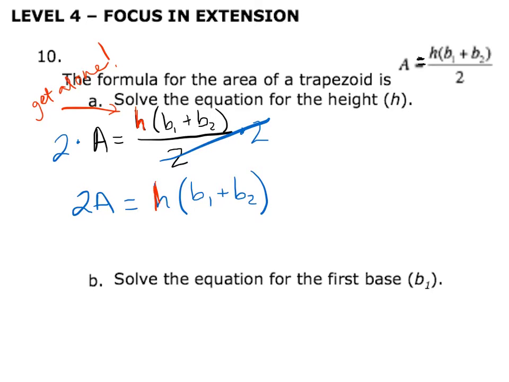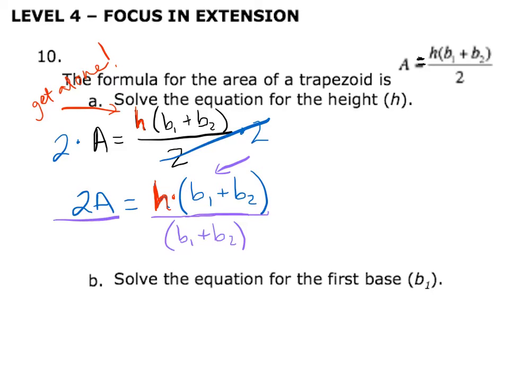I'm going to keep that guy red. So now we have h multiplied by this quantity right here. Now, you could distribute the h in, but that's going to create unnecessary work. So what you're going to want to do is just divide by b1 plus b2. We need this to be gone.